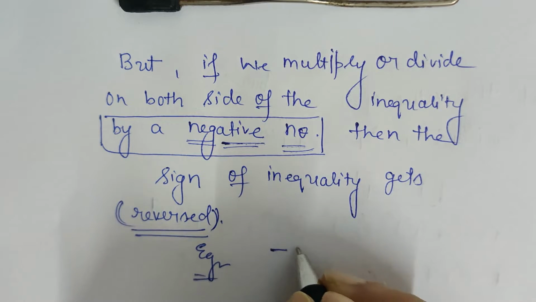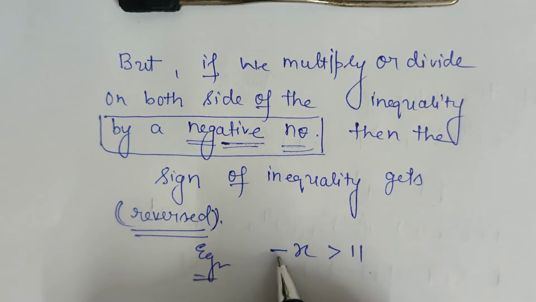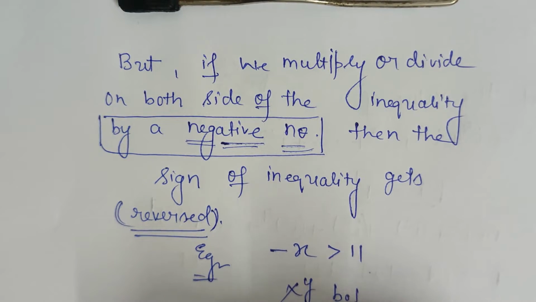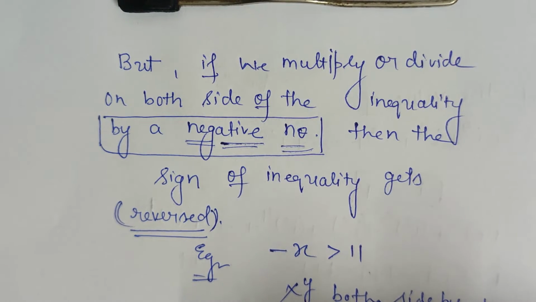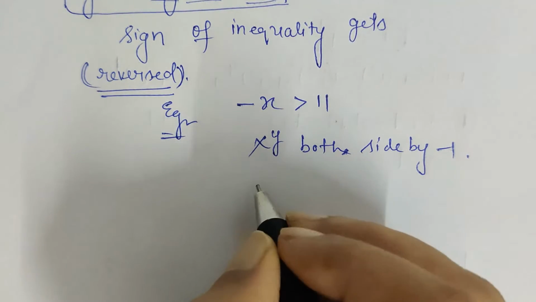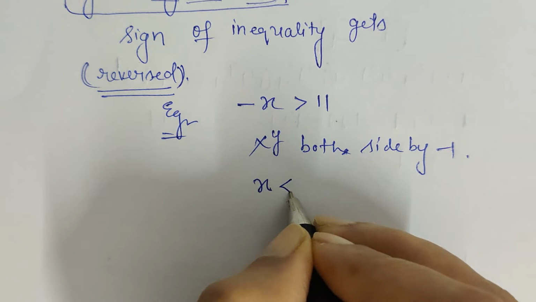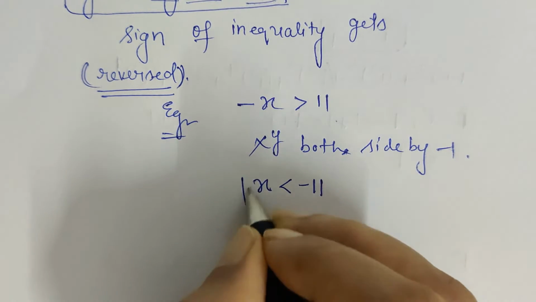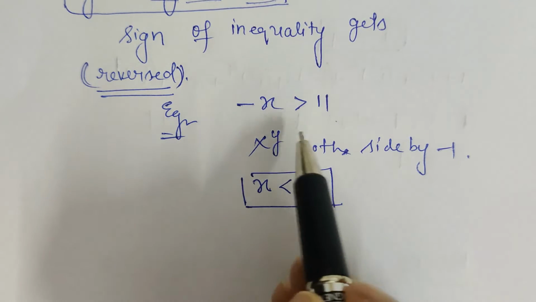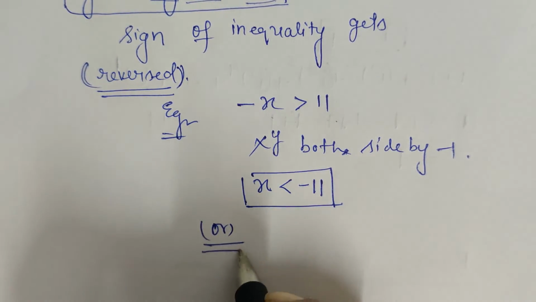Like if I have -x greater than 11, suppose, and I want to remove this negative sign, so obviously I will multiply both sides by -1, isn't it, to remove this negative. So while doing so I'll get x, but earlier it was greater than, now it will become less than -11. So this is what is to be done if we are multiplying both sides by a negative number, and the same is the case for division.